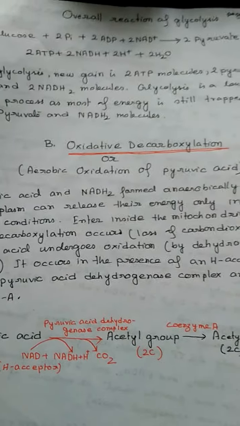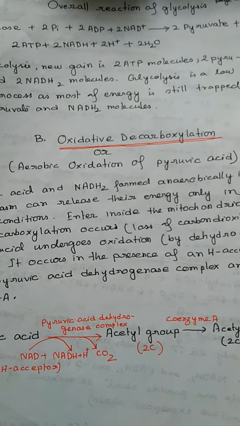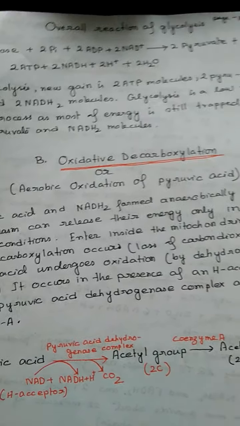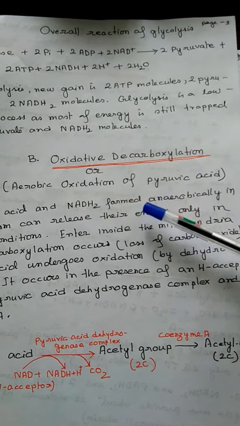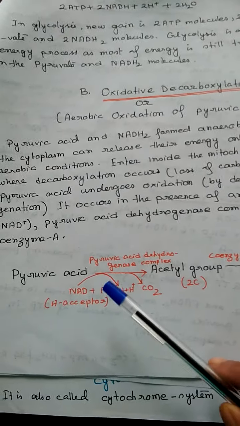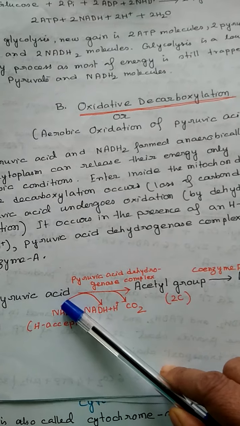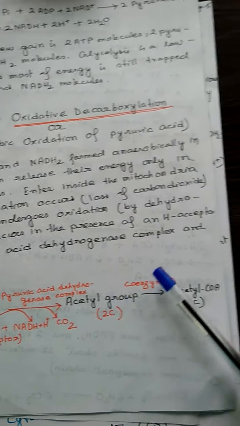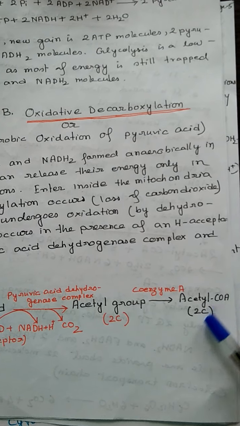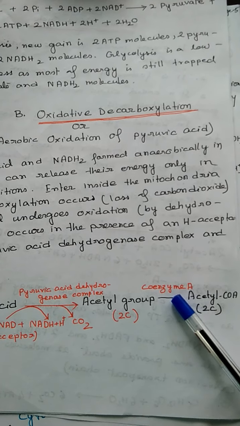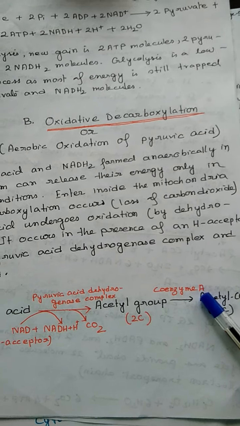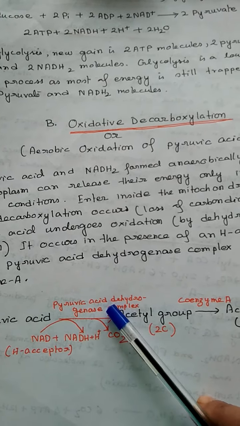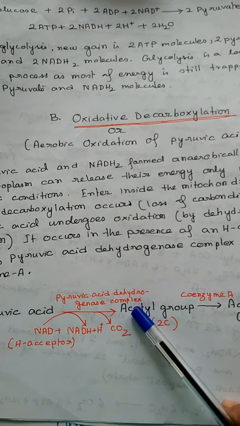Now what is the second part of aerobic respiration? That is oxidative decarboxylation. In oxidative decarboxylation, theory part I have given you, but the main part is that pyruvic acid forms acetyl group and ultimately it forms acetyl coenzyme A, by means of an enzyme, and that process is by the pyruvic acid dehydrogenase complex.